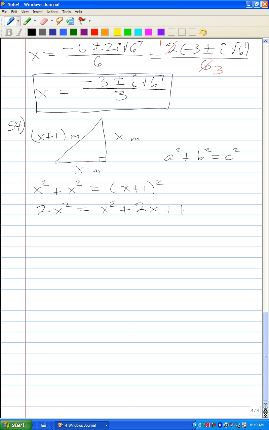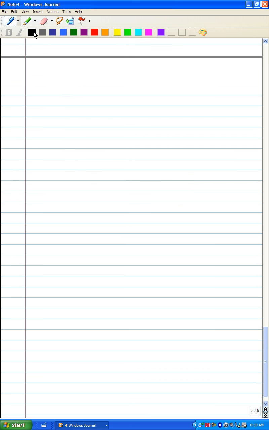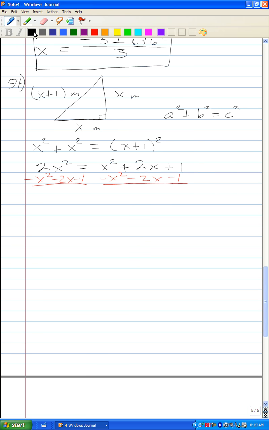Subtract x squared, 2x, 1 from both sides of your equation, so that the right-hand side of your equation becomes 0. So I have x squared minus 2x minus 1 is 0.